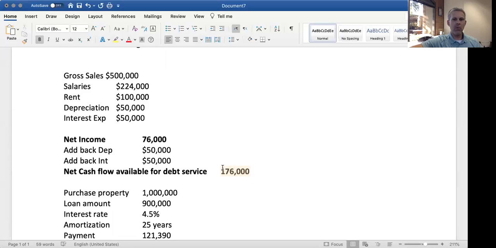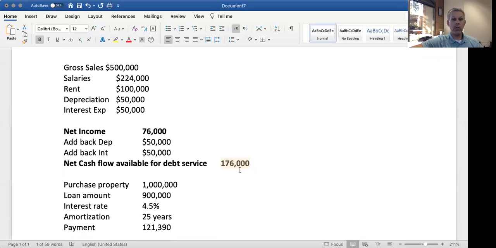This number is what the client has available to service a new loan. This is how we find out whether they can actually be approved or not, based upon the cash flow of their business and or the investment property.